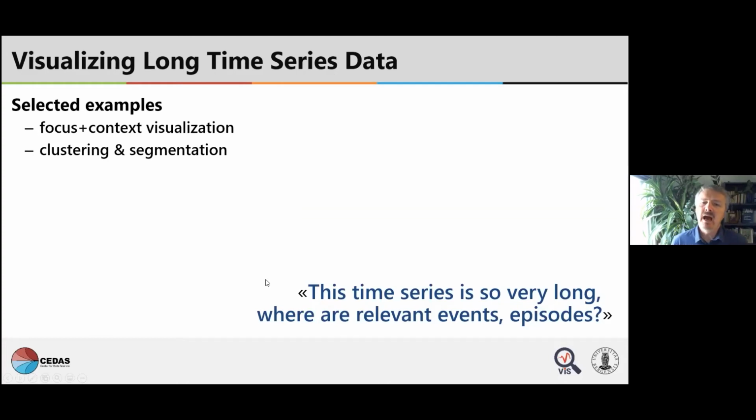Next, I want to touch upon another important topic in multiscale biological and biomedical visualization, and that is the one of very long time series data. We have mostly encountered this when working with molecular dynamics simulation data, and I'm confident that you will hear about this quite a few times during this spring school. There it is quite natural to get very long time series out of the simulation.